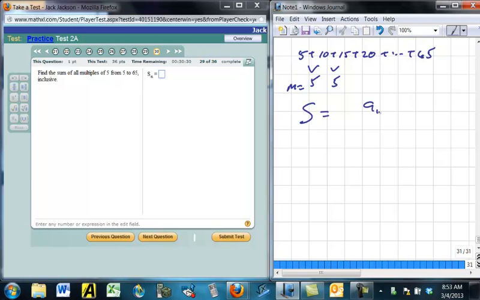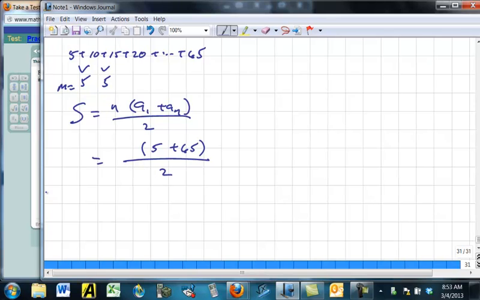S is a first term plus last term, multiply by the number of terms, divide by 2. So the number of terms, okay, we need to figure out the number of terms. The first term we know is 5, the last term is 65, 2 is built in. So we just need to figure out how many terms this is. So let's go over to the side and do that. So what would this be?